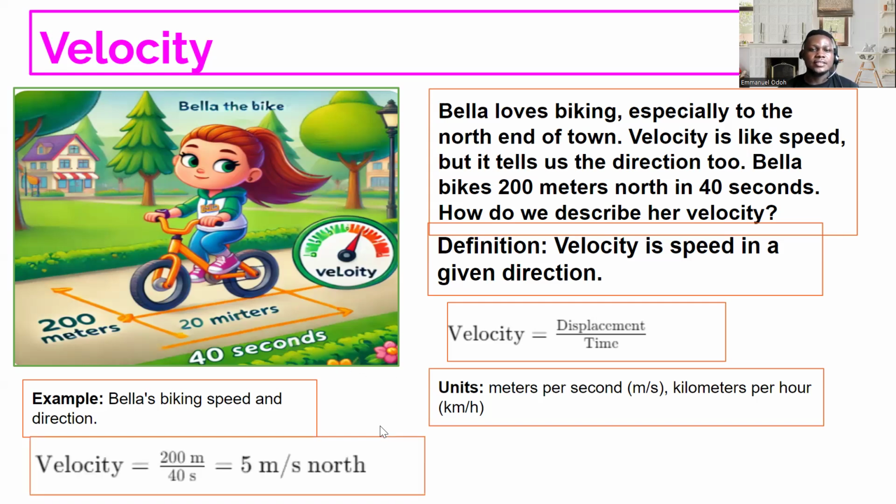If Bella travels 200 meters north in 40 seconds, her velocity is 5 meters per second due north. So we have to include the direction. The magnitude is 5 meters per second, which is the size, and the north tells us the direction she is moving.